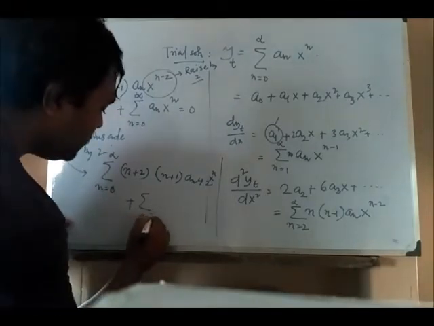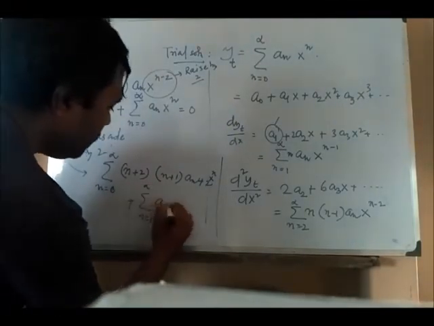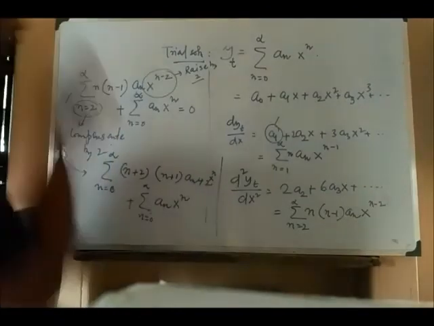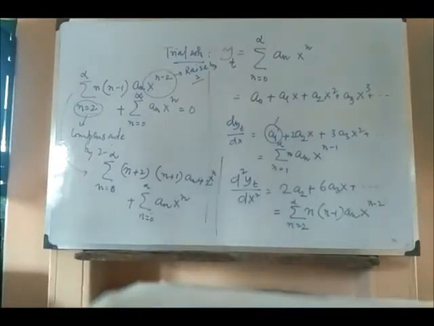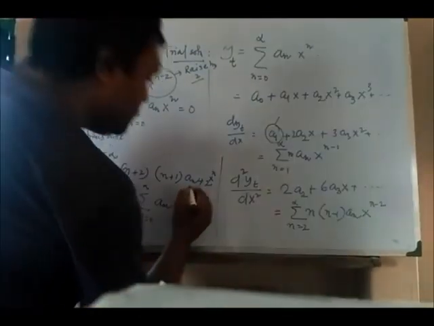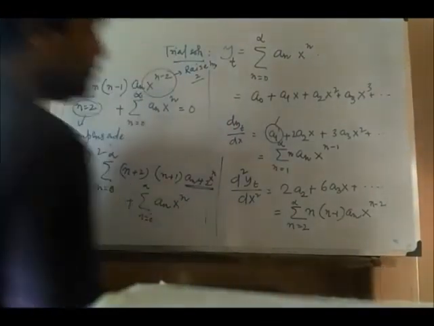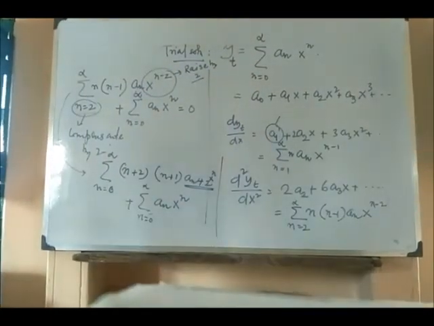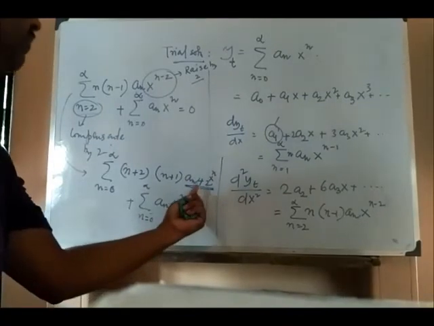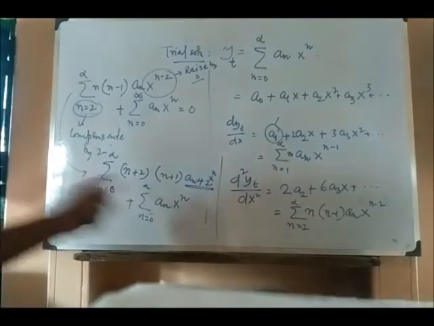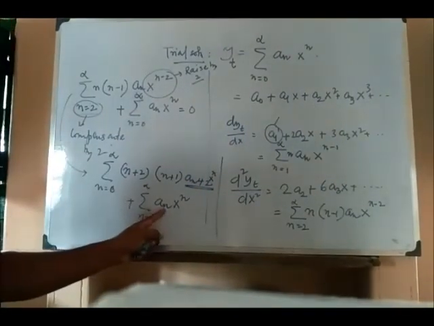So this remains as it is, sum n equal to 0 to infinity a_n x to the power n. Here you will see that the coefficient of x to the power n comes with a_{n+2}, and this term gives me a_n.